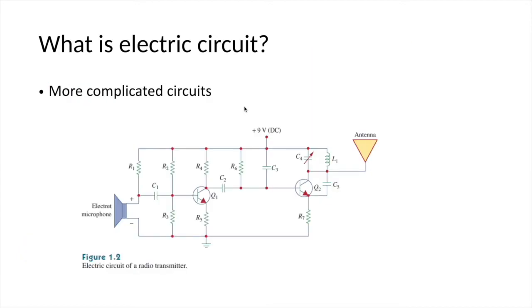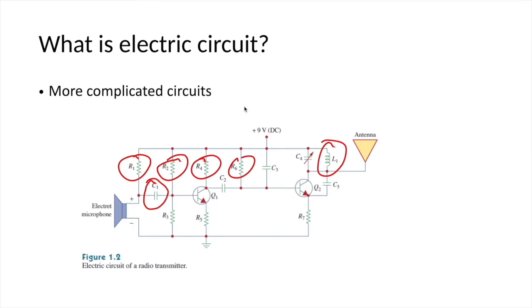In the previous slide, we introduced two very simple circuits. Of course, circuits can be more complicated. They can consist of multiple elements. You can see in this figure we have multiple resistors, and we also have capacitors and inductors.